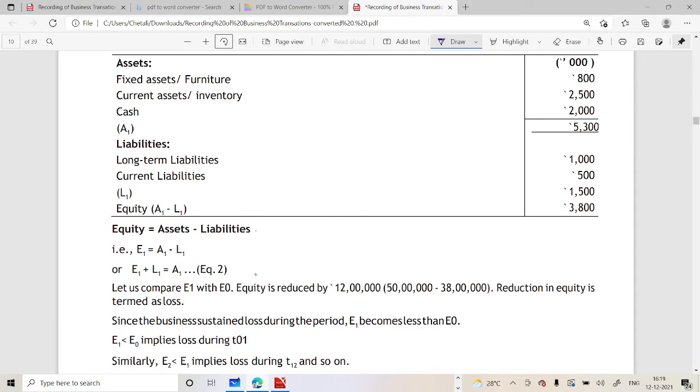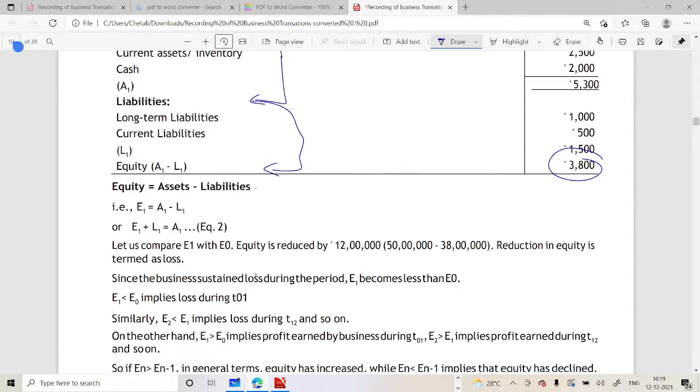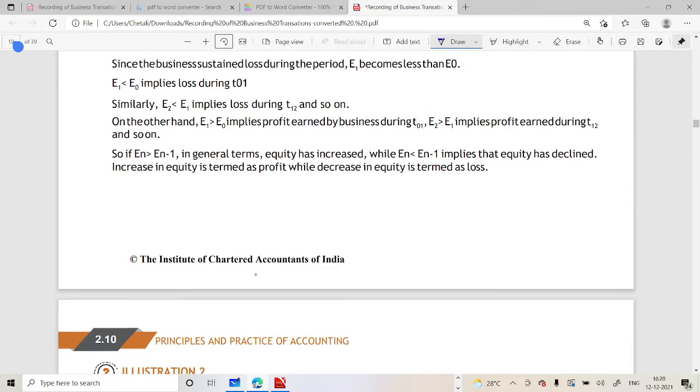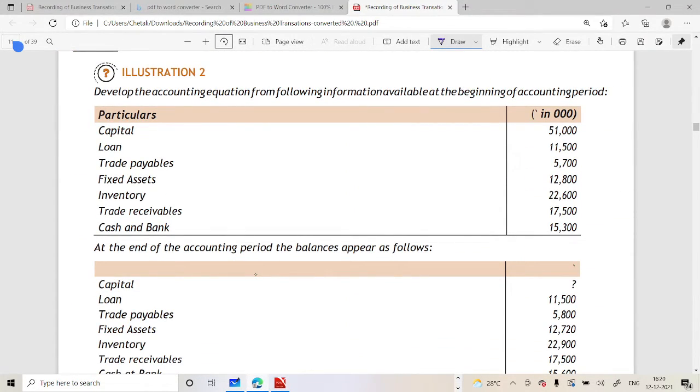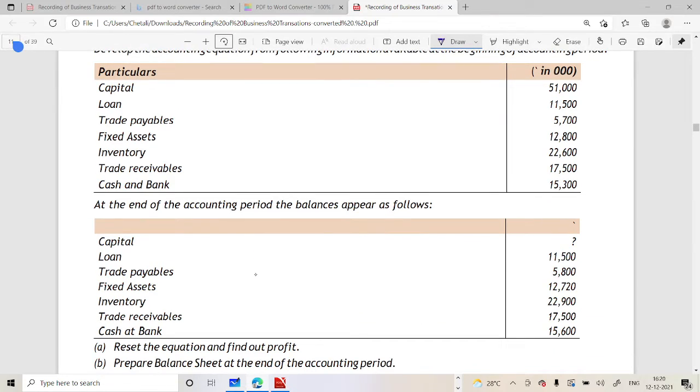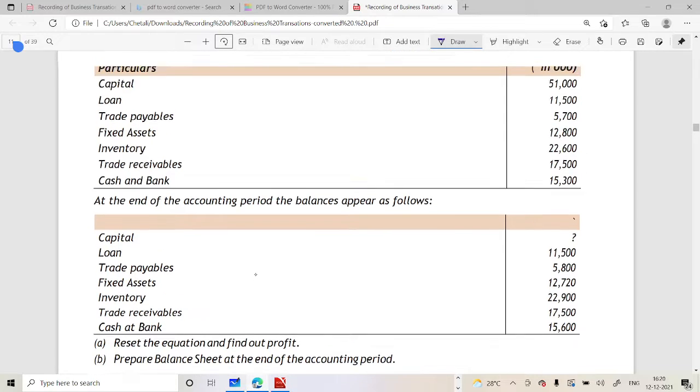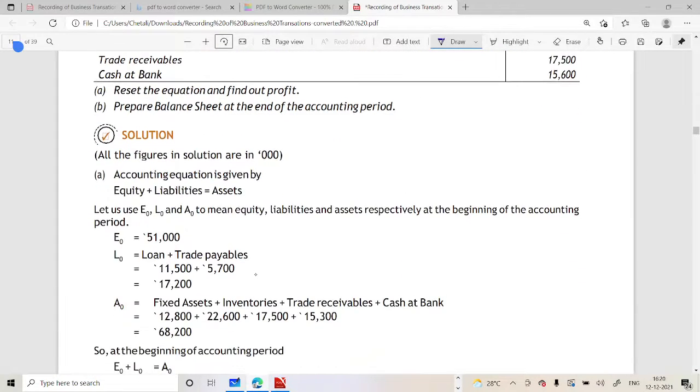See, assets, liabilities and your owner's equity. These are the two accounting equations that, if you want, we can solve.